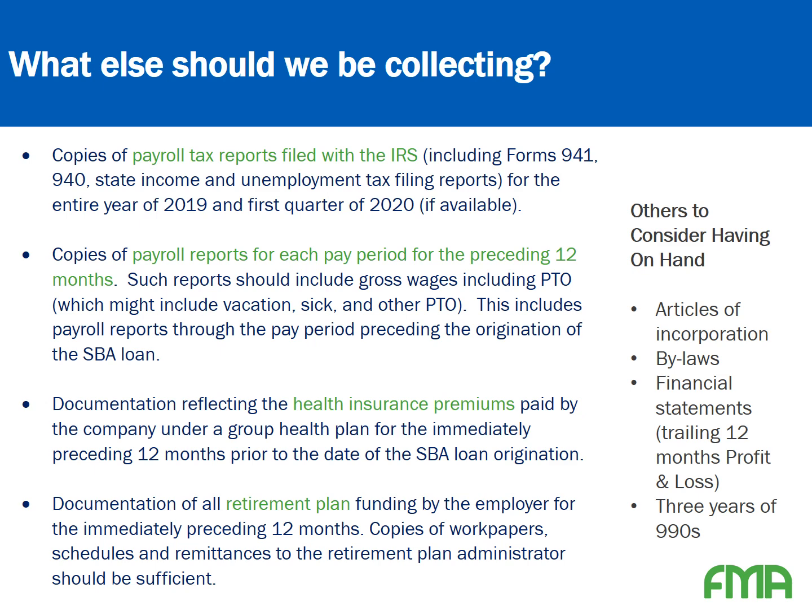The last key document that you will need will be payroll tax reports that you filed with the IRS. Now, in the event that the bank says, please file your 940, you may realize that you actually don't file that. So instead, you're going to upload your 941. All of these documents should be available in the administrative part of your payroll software.